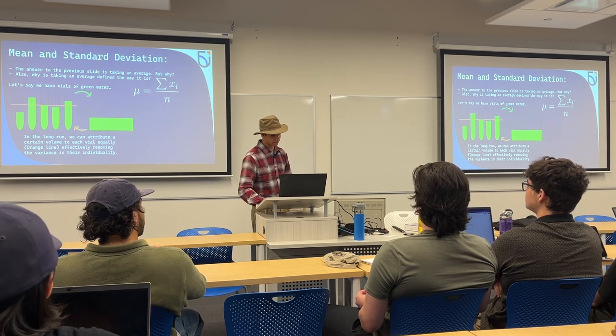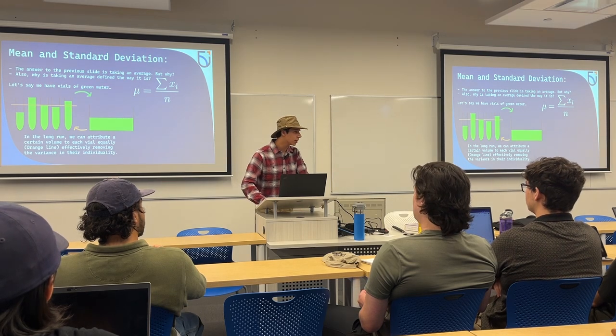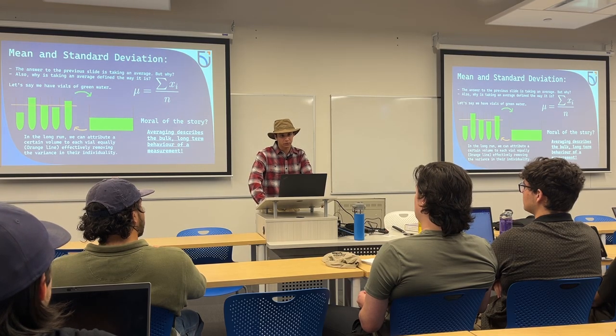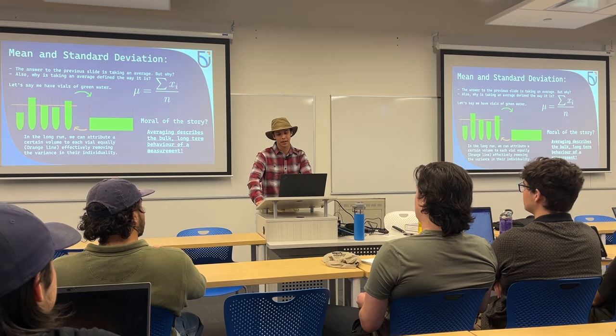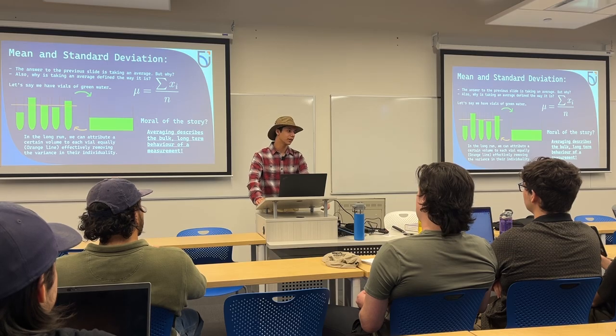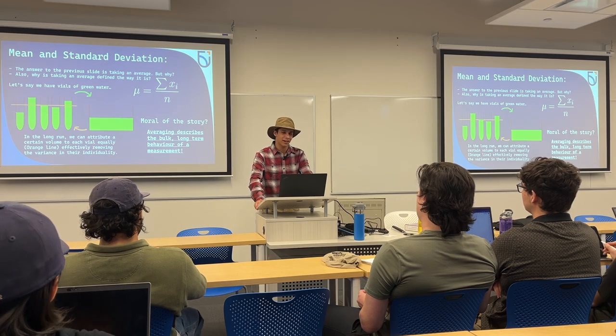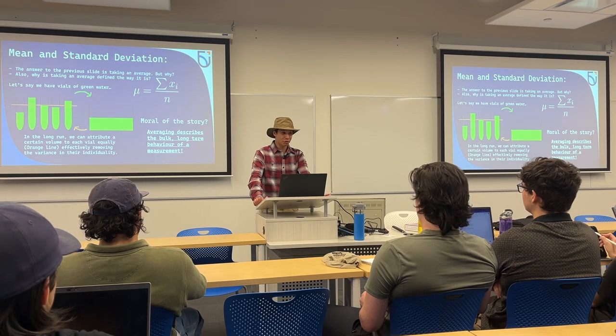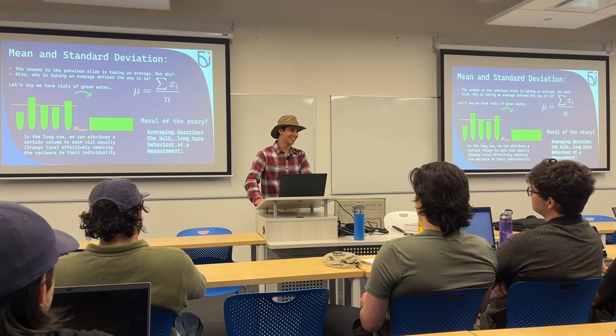In fact, in the long run, we can attribute roughly the same volume to each vial of water. And so it's long-term behavior. That is what we do when we average something. Because you can take one measurement, call it your average, and you're right. You probably shouldn't do that.